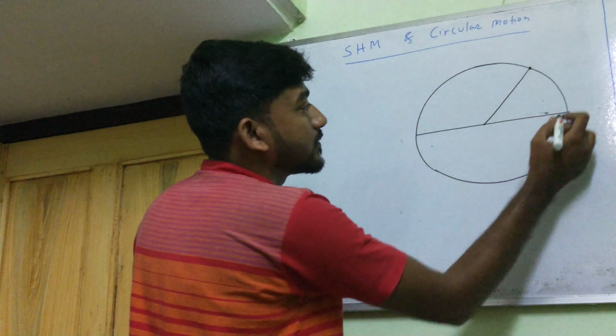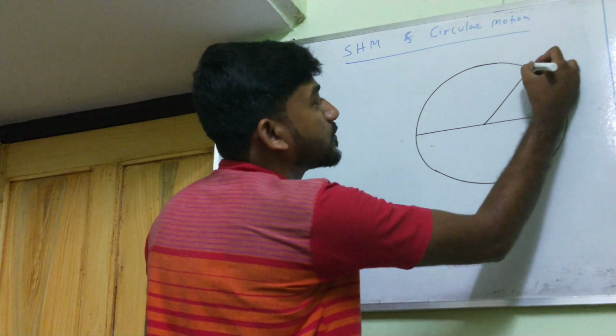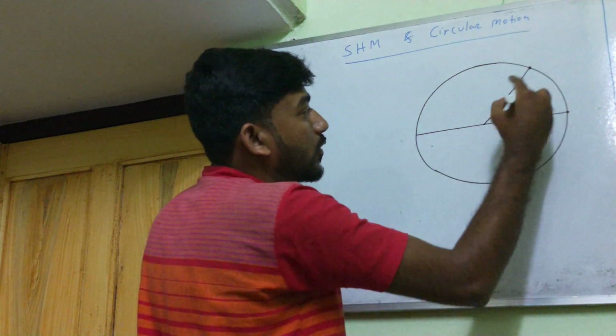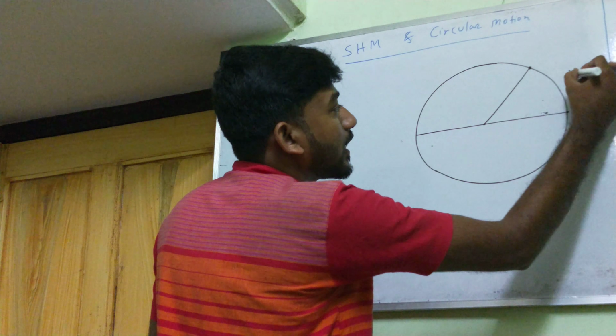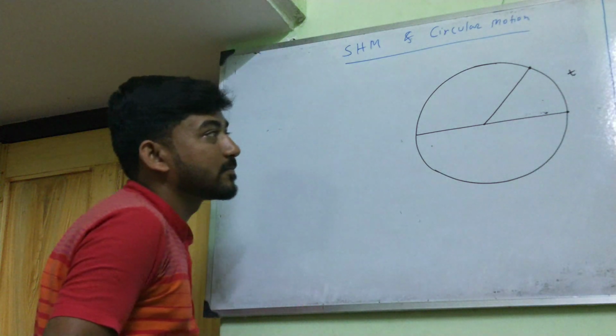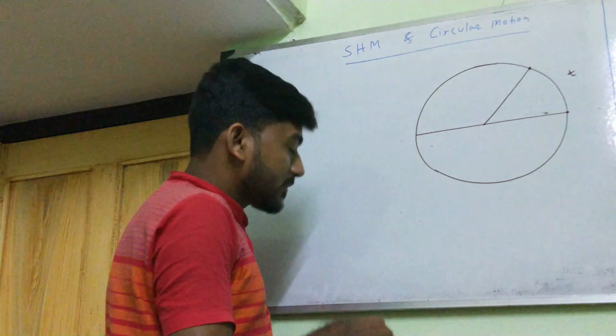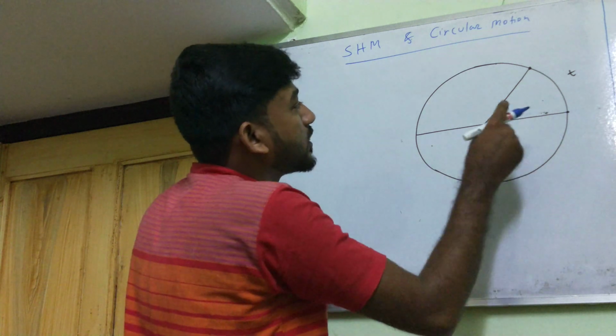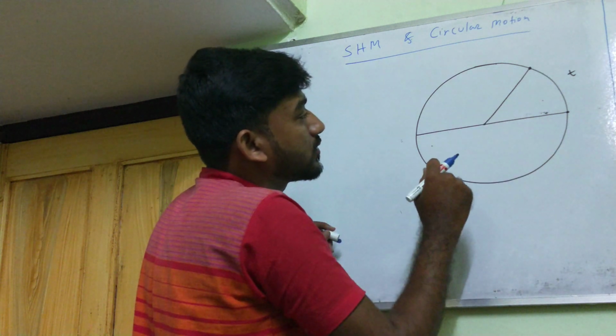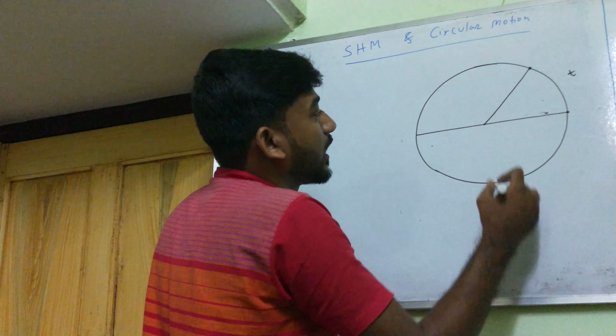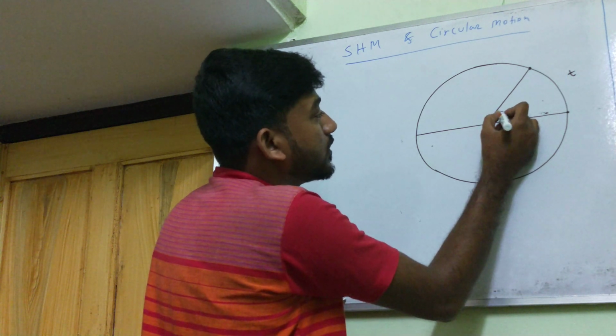Now let me consider that the particle goes from this point to this point after a time interval t, and if the angular velocity of the circular motion is omega, then this angle will be omega t.